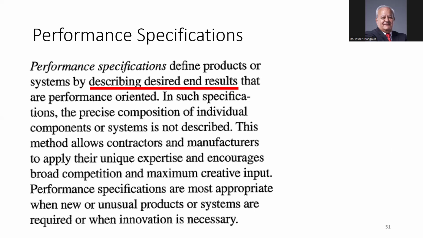Performance is a type of specs that defines the product or system by describing desired end results. And I leave it to the contractor to select the material, the installation, the sizes, and everything. It's a bit tricky and usually not accepted by governmental agencies or large projects.